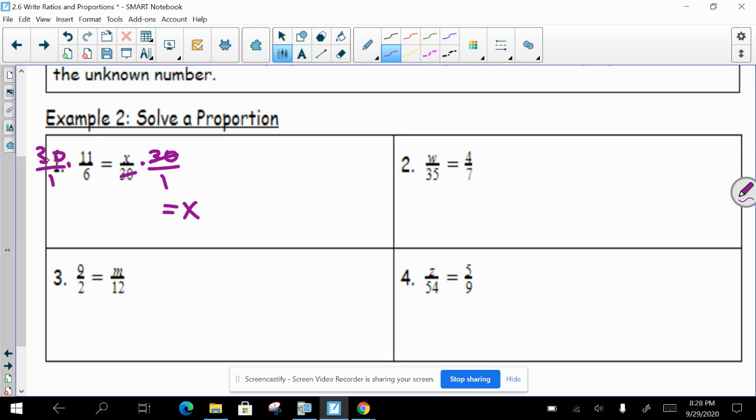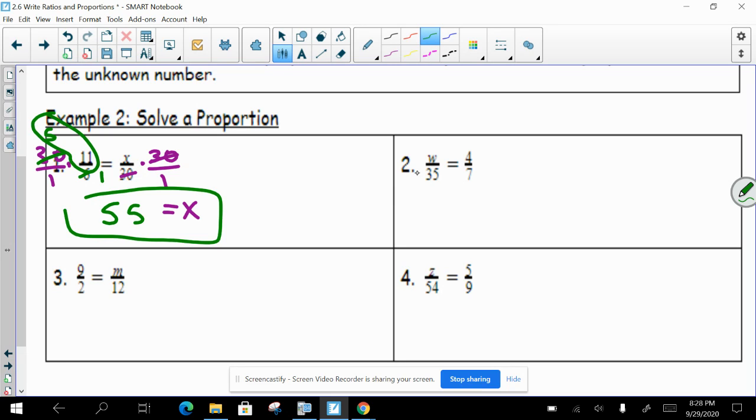Now you can multiply across, but one trick you might want to do is to cross reduce. Here you can cross reduce 30 with 6, which would go to 1 and 5, because 30 divided by 6 is 5. Then you have 5 times 11. You don't have any negative signs here, so we're all good, which would be 55.